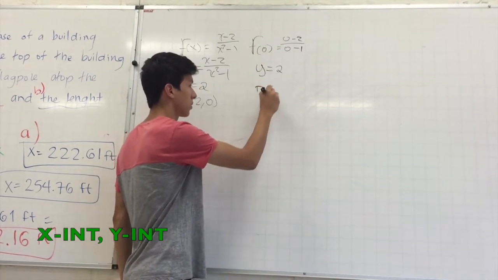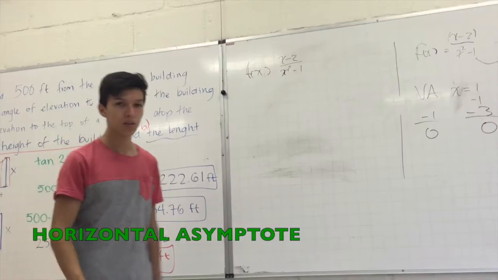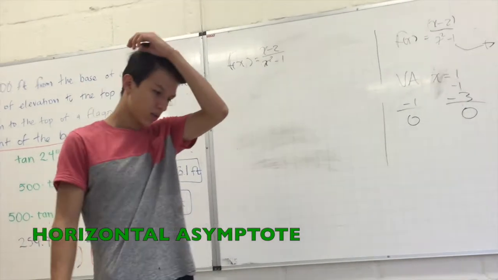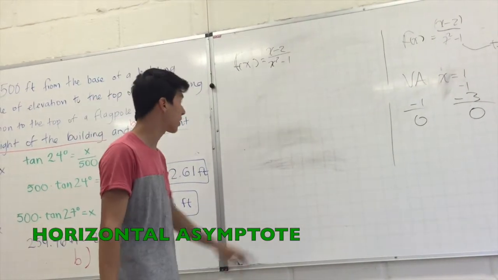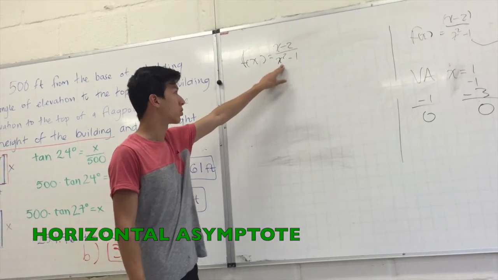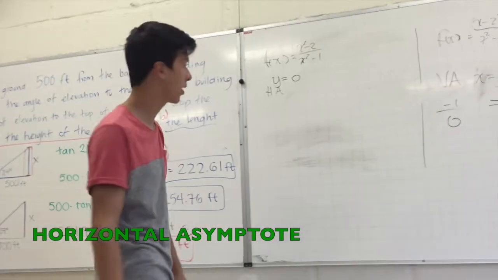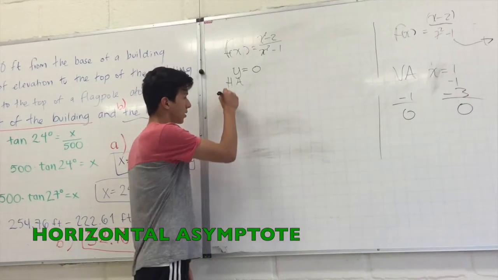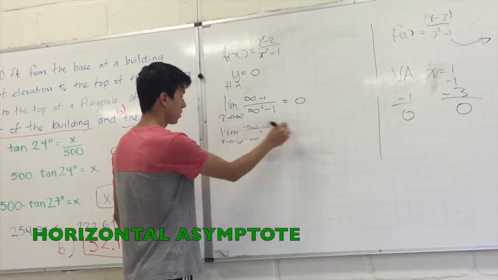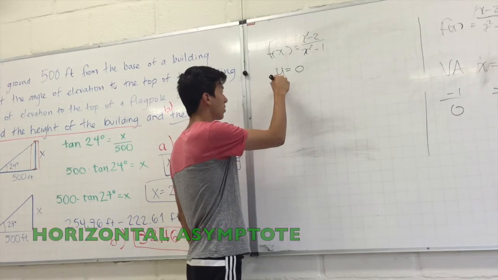The point is (0, 2). So now we have to find the horizontal asymptotes, yes? So we see that the exponent of the denominator is greater than the exponent of the numerator. Go ahead with the procedure and say limit as x approaches infinity. The horizontal asymptote is equal to 0.